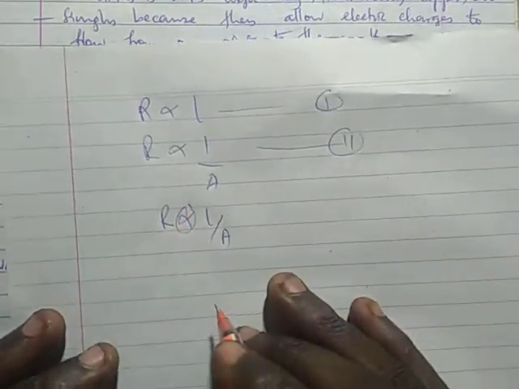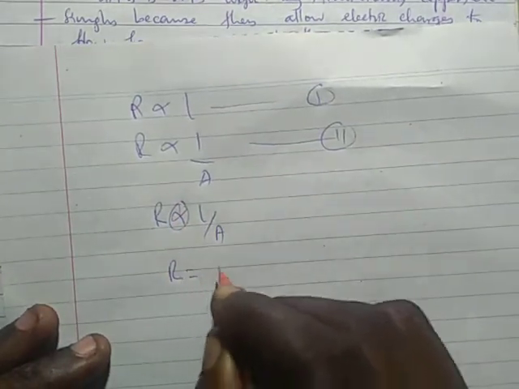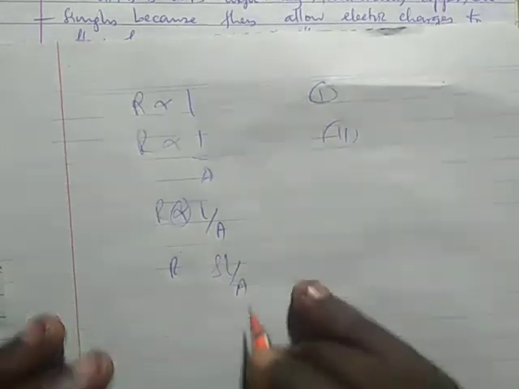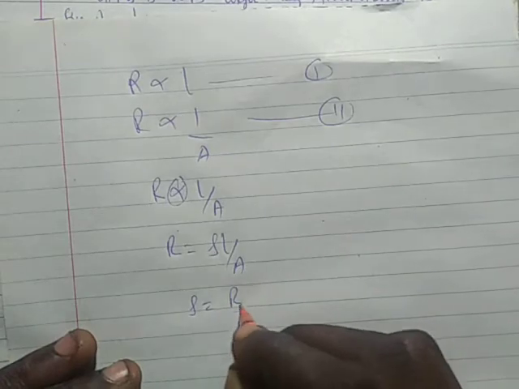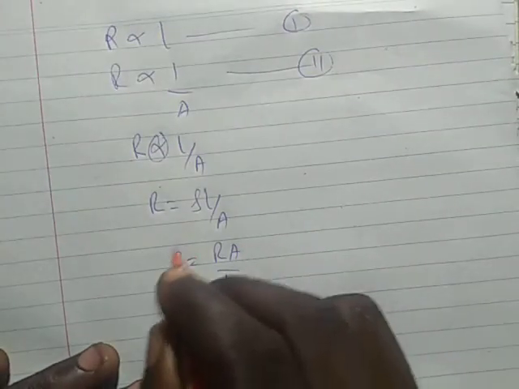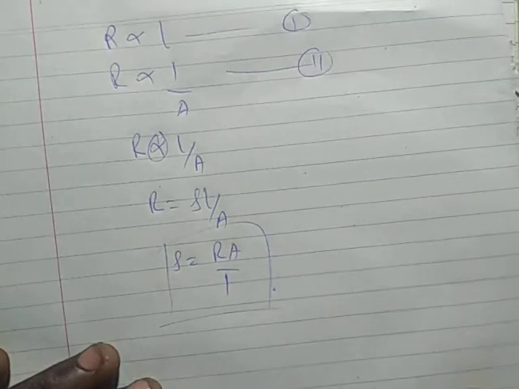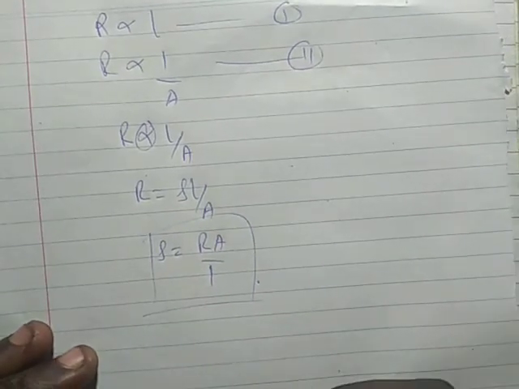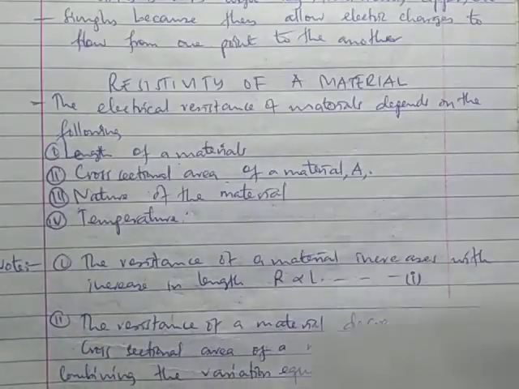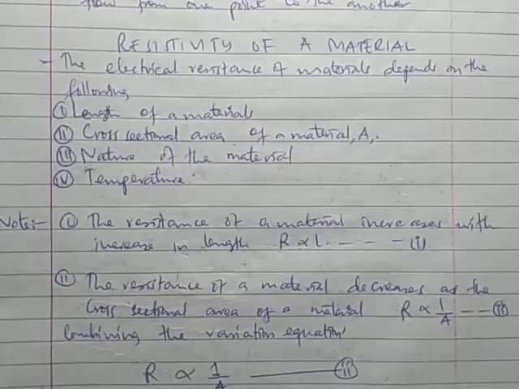Removing the proportionality sign, we put the constant of proportionality, which is resistivity: R equals rho L divided by A. So resistivity will be equal to resistance times A divided by length. That is how we solve for the resistivity of the material. It is resistance times cross-sectional area divided by length of the material given.